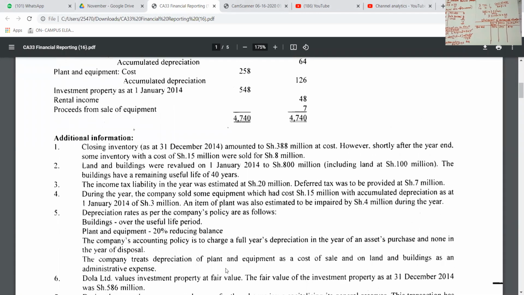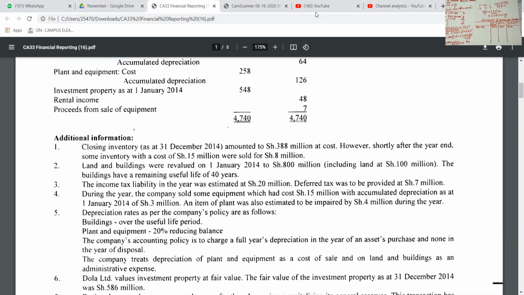And remember that you are told in additional information number 5, this last sentence where my cursor is, the company treats depreciation of plant and equipment as cost of sales and land and building as administrative expense.